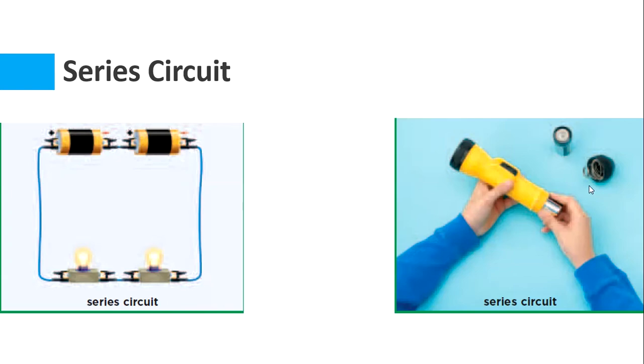Also remember that light bulbs and many other devices act as resistors. Remember, we'll learn about resistors, the things that make the current flow slower. So in a series circuit, the total resistance is the sum of the resistance of the individual devices. For example, two identical light bulbs together in a series circuit will have twice the resistance of either bulb by itself.